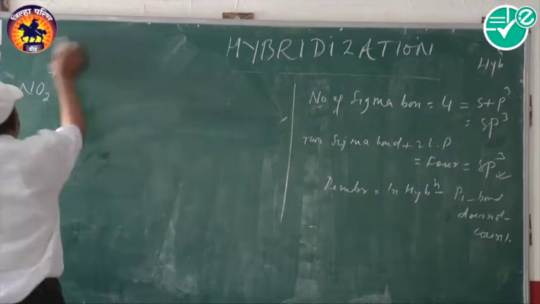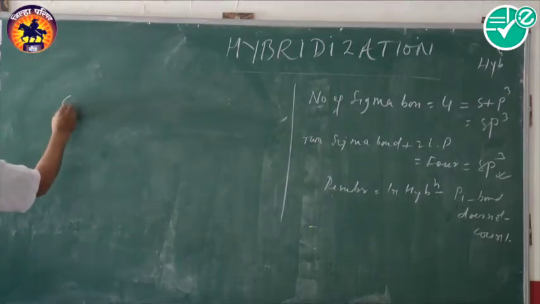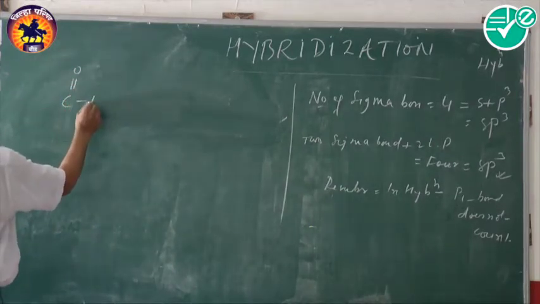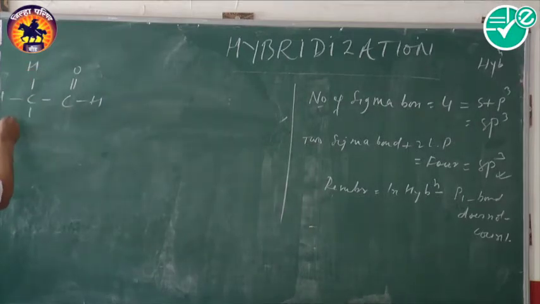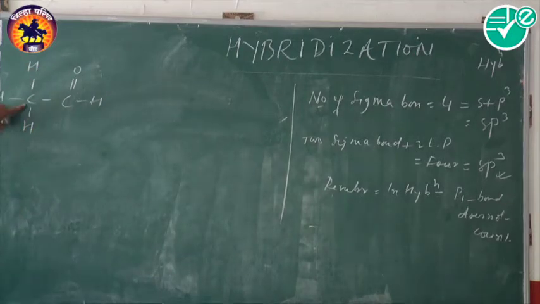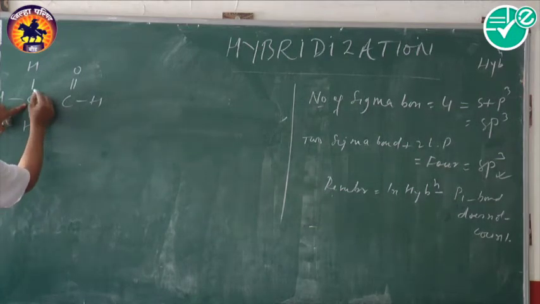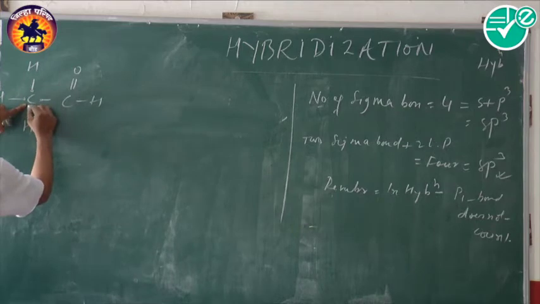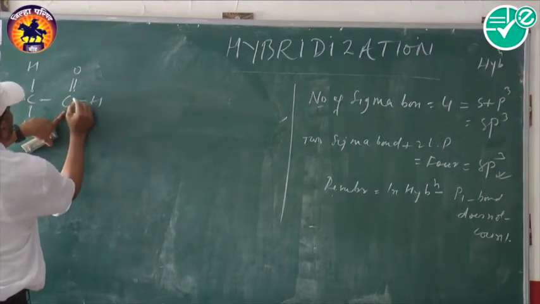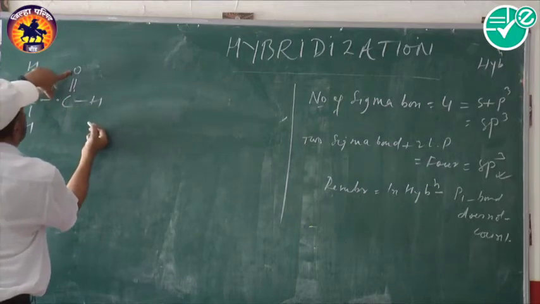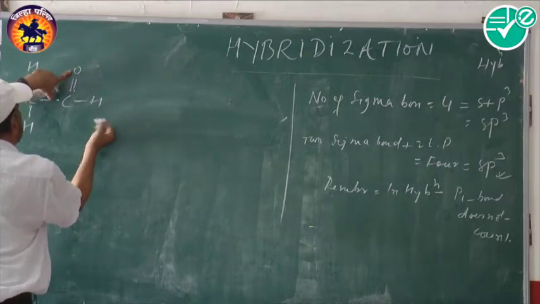See, this is your compound acetaldehyde. This is the central atom. It belongs to group 4, there are 4 electrons. This is also group 4, 4 electrons. O belongs to group 6, 2 electrons, and so on.